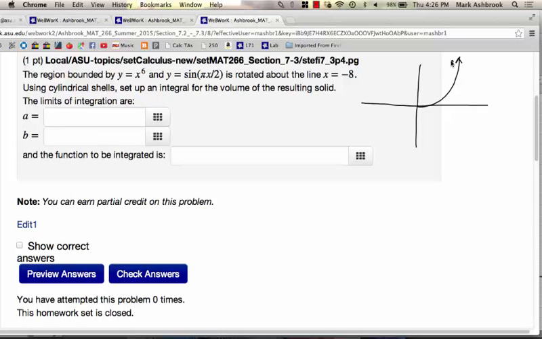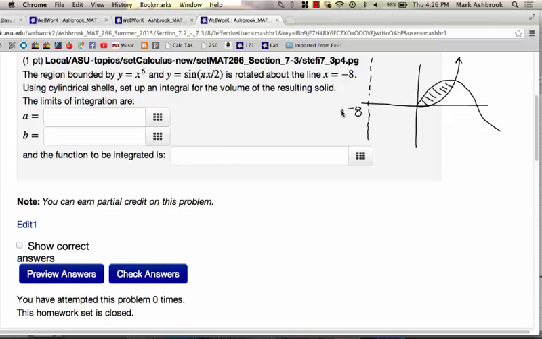Sine of pi x over 2 is basically a version of sine, something like this. Okay, and we want to rotate that about x equals negative 8. And they want us to use shells to do it.